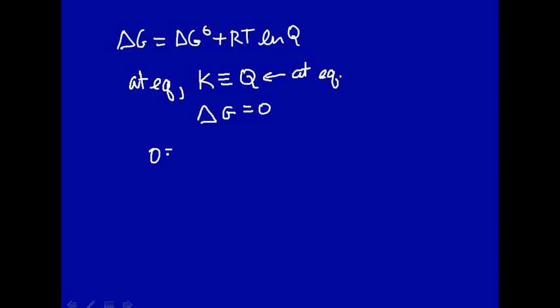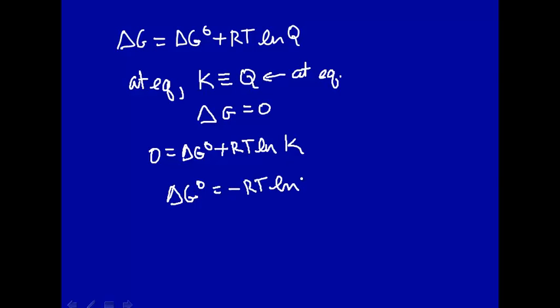So this means that 0 is delta G0 plus RT times the natural log, and we're going to make this switch in symbol from Q to K. Or, in other words, delta G0 is minus RT times the natural log of K. And delta G0 would be the free energy change when you start with reactants and products in their standard state and let them react. Okay, that's kind of cool.